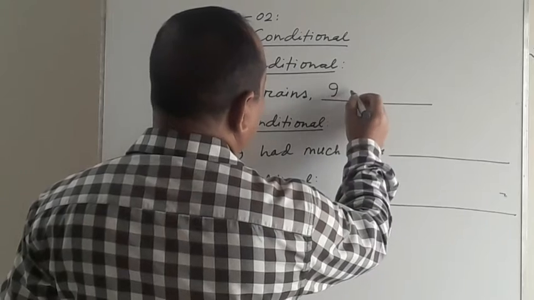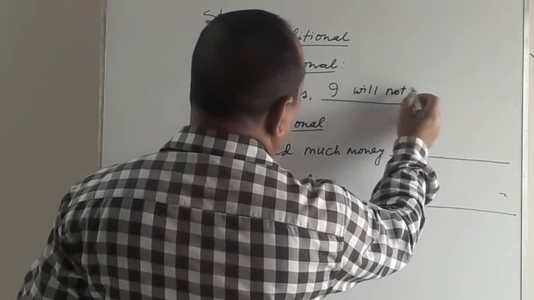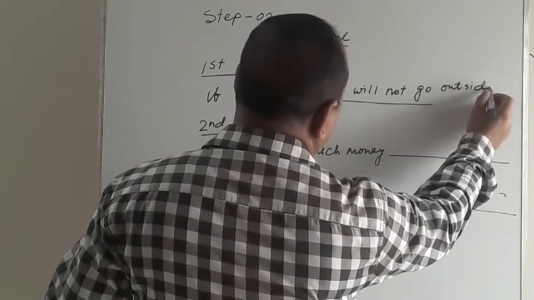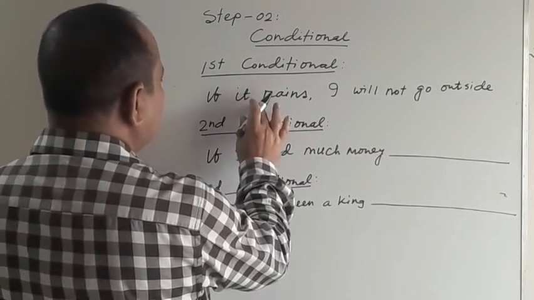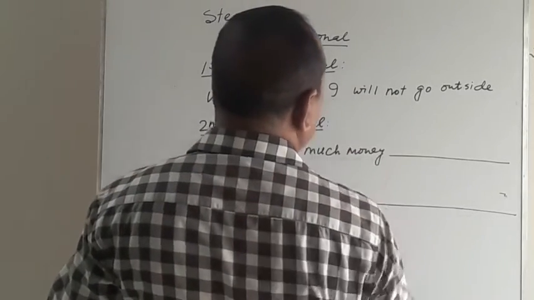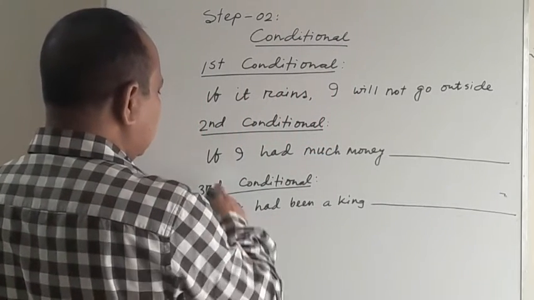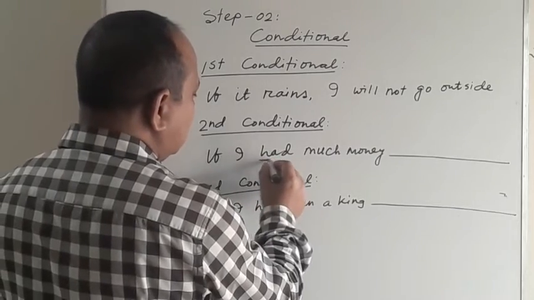So we can easily say, I will not go outside. So here you see the first portion is in the present tense, so the next portion would be future indefinite tense. So in case of second conditional, the first clause, that is if clause, is in the past indefinite tense.